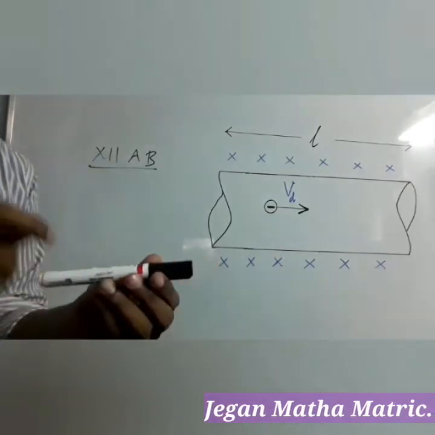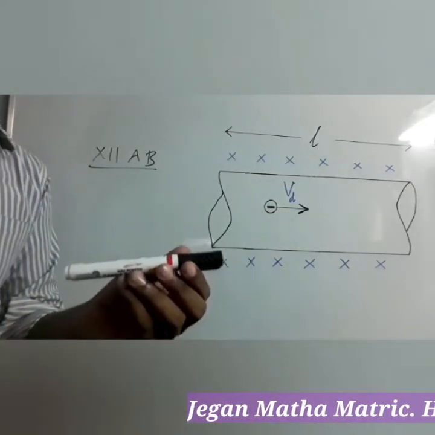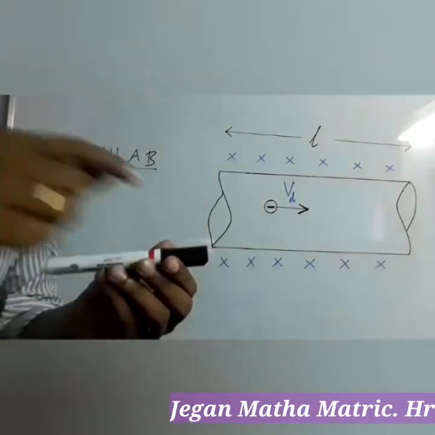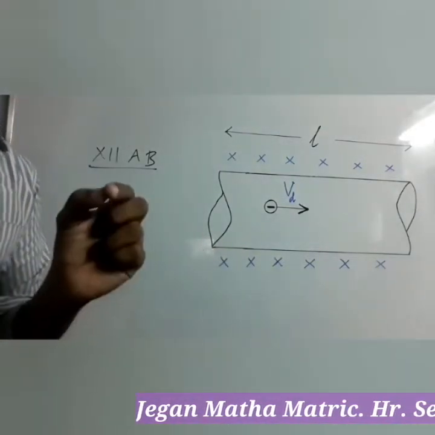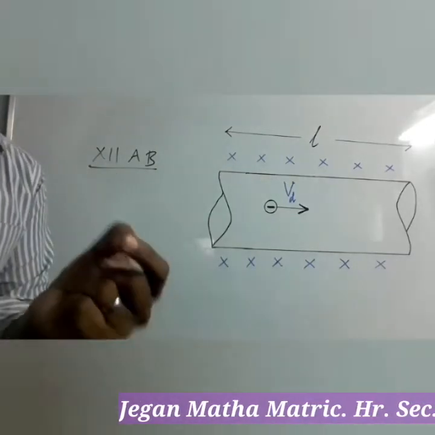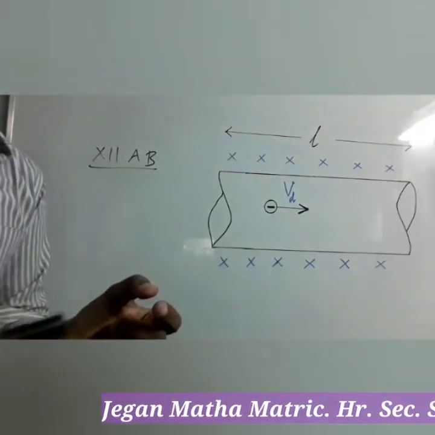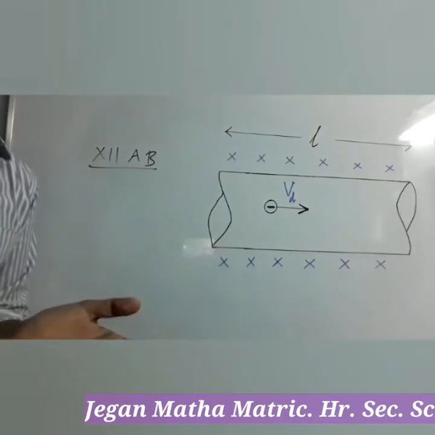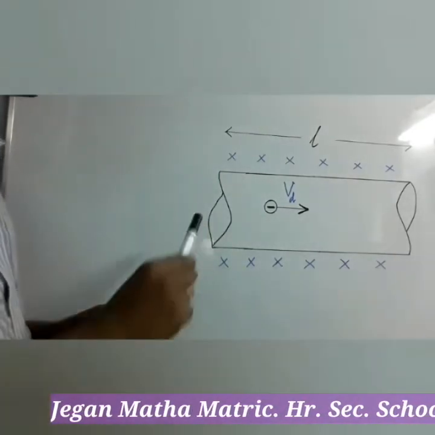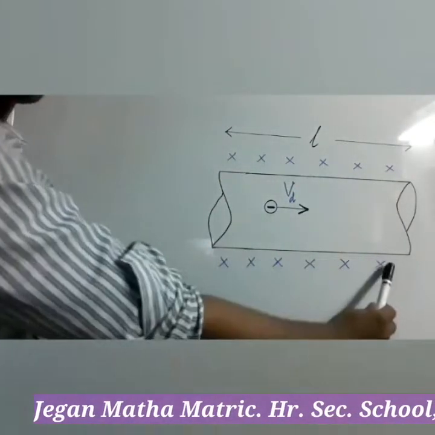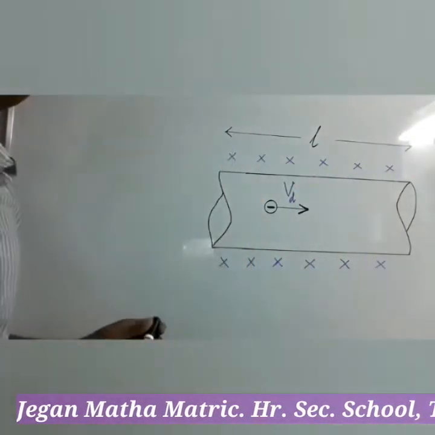If you want to find the force experienced by this current carrying conductor, you have to find the force experienced by each electron, and these forces can be added to find the total force acting on the current carrying conductor.